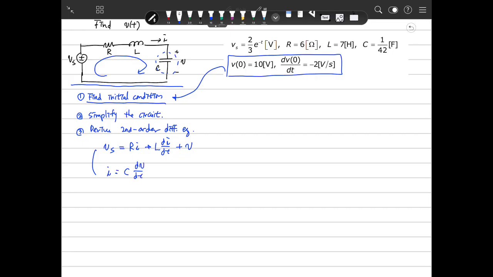Because we want to know V(t), we eliminate the I. So we substitute I with that equation here, and we got it.